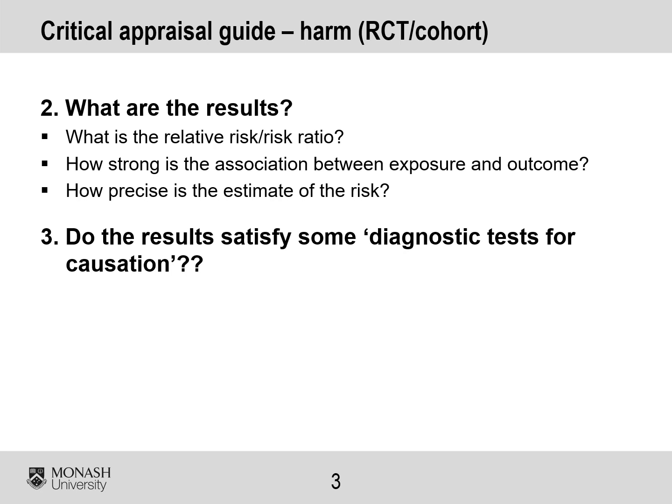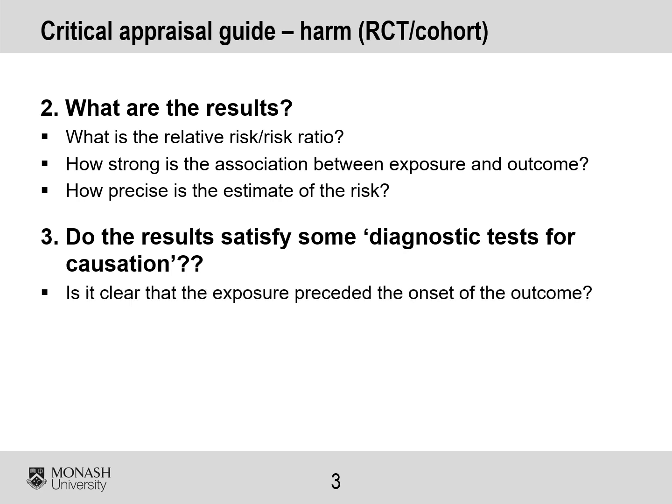So part 3 is the new aspect that we've included for studies around harm. Do the results satisfy some diagnostic tests for causation? And what we want you to do is, again, provide a paragraph response for each of these points, if possible. So is it clear that the exposure preceded the onset of the outcome?